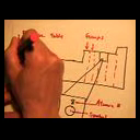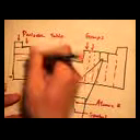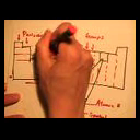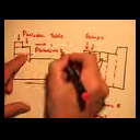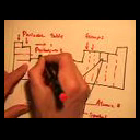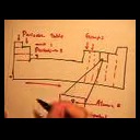And going across, each of these rows is called a period. So they go sideways. This is period 1, period 2, and this is going to be period 3, and so forth.